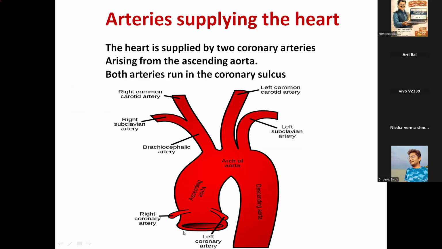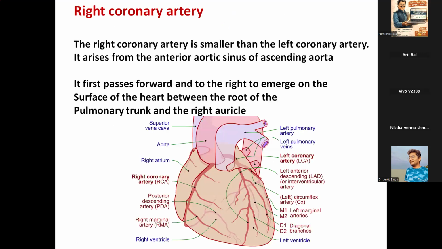Now we see the ascending aorta having the right coronary artery and the left coronary artery. Both arteries run in the coronary sulcus. You remember the coronary sulcus? It is the atrioventricular groove that is called the coronary sulcus.